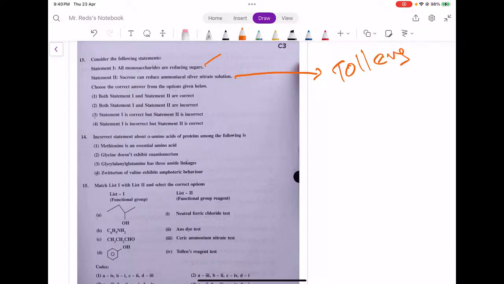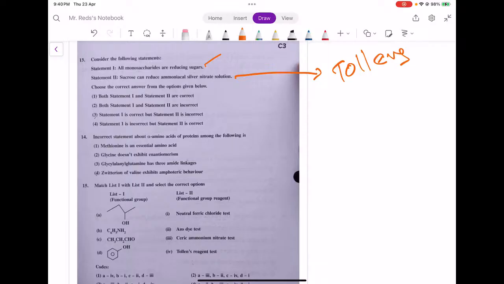Why? Because sucrose does not have a free hydroxyl group at the first carbon, because that hydroxyl group is involved in bonding with beta-D-fructose. There is no free hydroxyl group in sucrose.